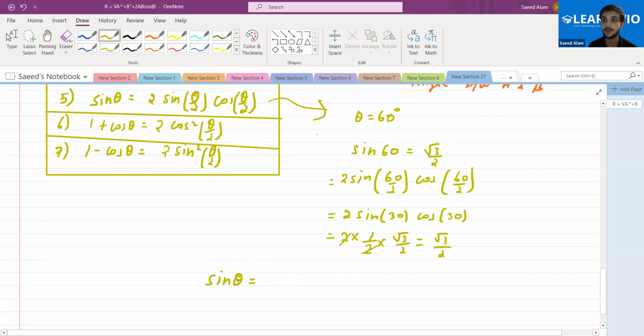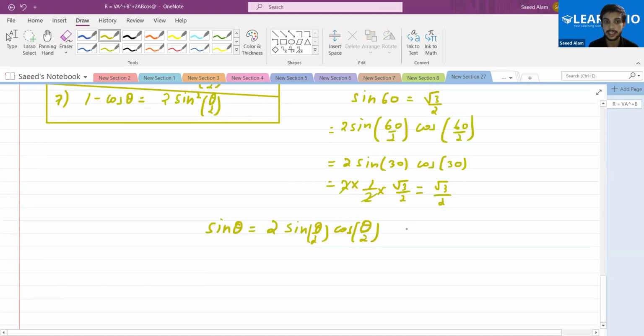If we have sine theta and want to do the half of it, you have to take the half angle of both sine and cos and multiply with 2. Can you now remember it? Okay, these are all the half angle properties. Is this clear to you? Sine theta equals 2 times sine theta by 2 into cos of theta by 2.